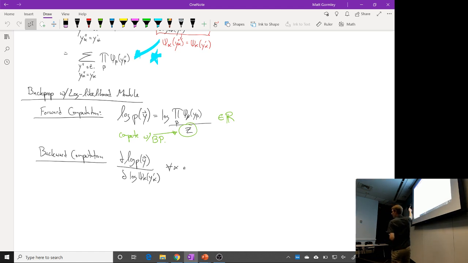But doing so is going to be some indicator function of the true value of y alpha and whether or not it equals y prime alpha, minus that marginal probability of y prime alpha. And where do we get marginal probabilities? Well, again, we can compute marginal probabilities with belief propagation.